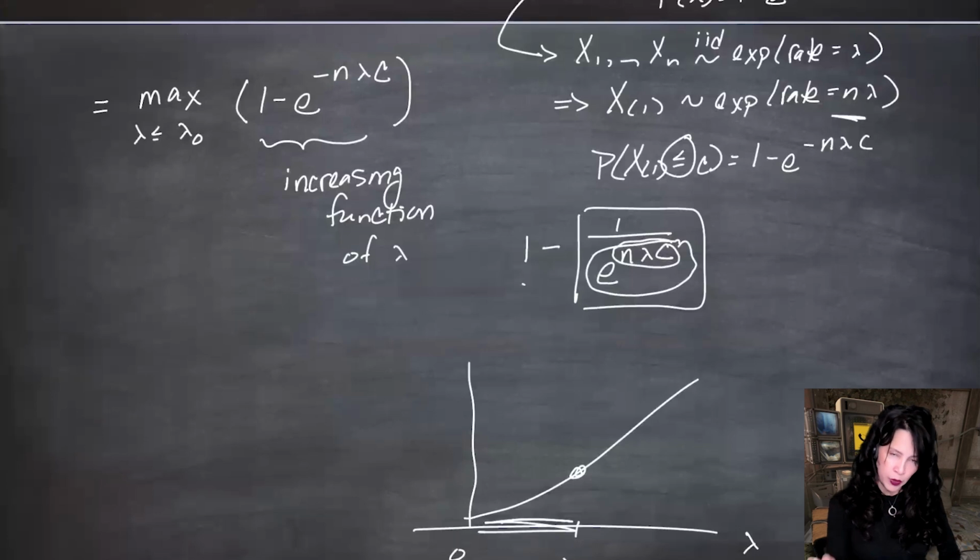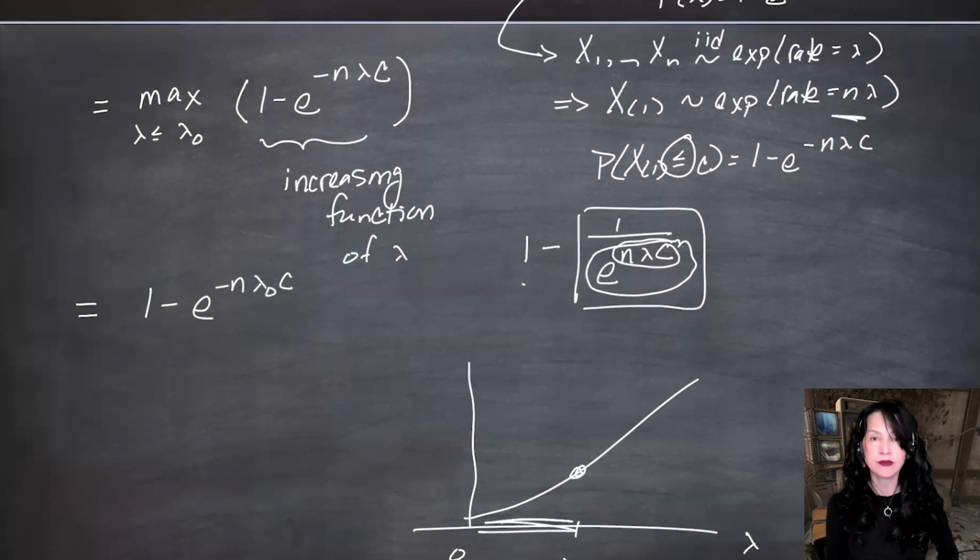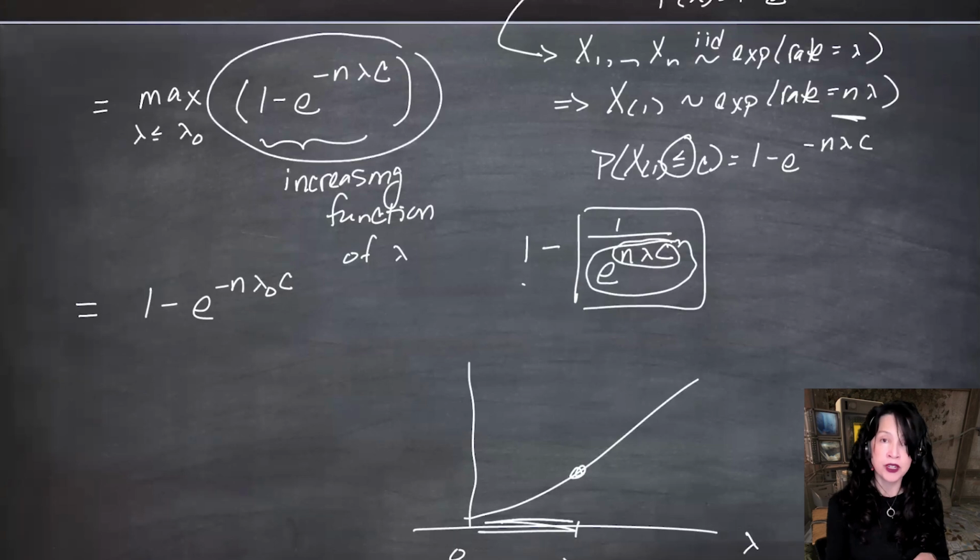In other words, going back to the left, this function is maximized when you plug in lambda equals lambda naught. In some cases, to do this maximization here, you would have to use calculus, but a lot of the times you're going to see an increasing or decreasing function where the maximum over a region is going to occur at an endpoint of the region.